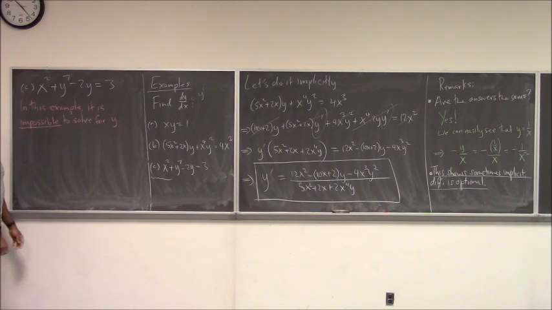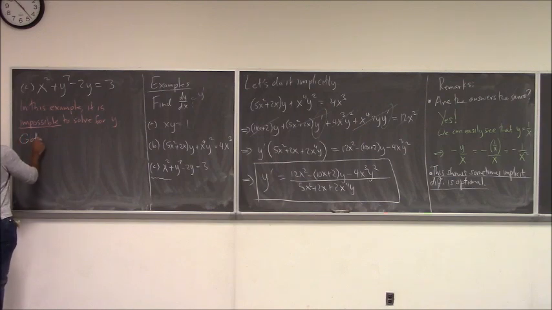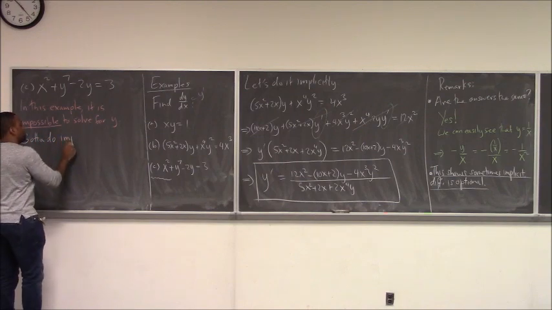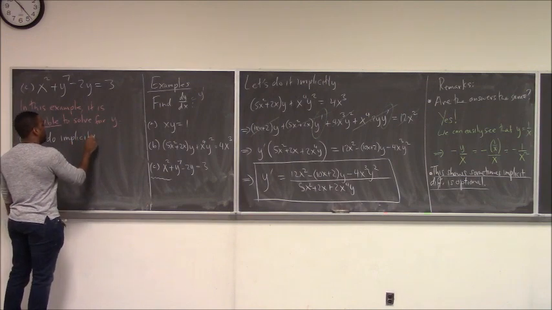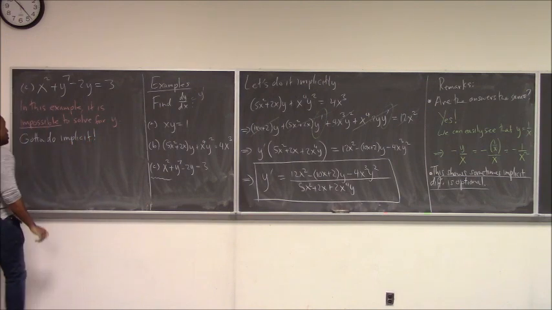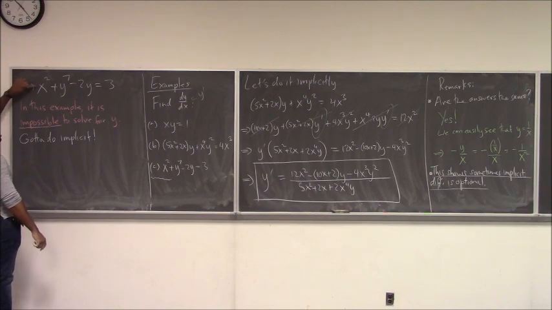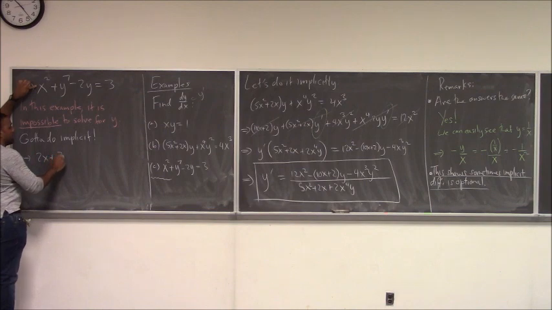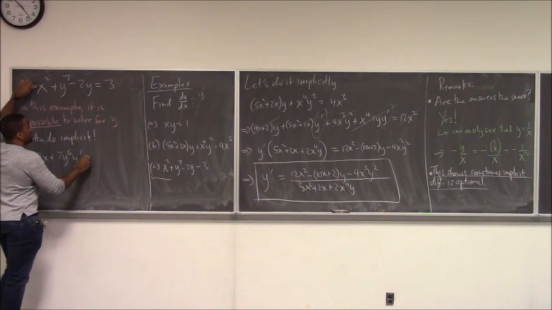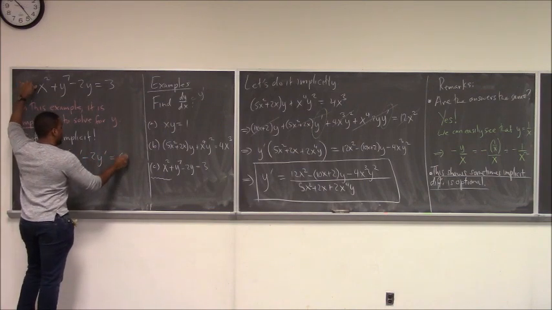But we might still want to be able to solve for y prime here. So, gotta do implicit. Now, with implicit differentiation, we can still do calculus. We can still differentiate here, and it's actually not going to be that tough. Differentiating one side at a time, that would give us 2x plus 7y to the 6 y prime minus 2y prime equals 0.